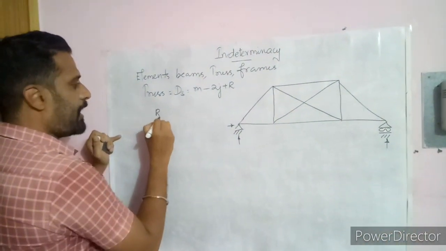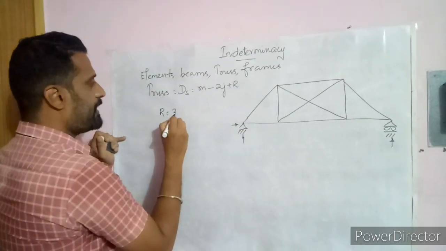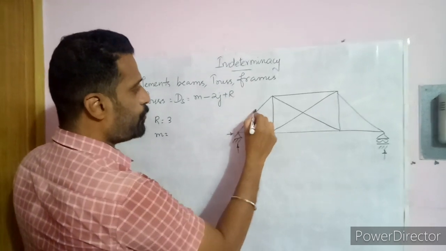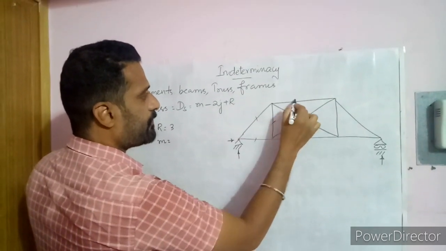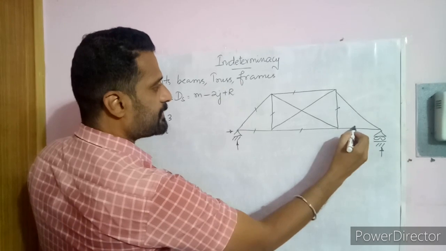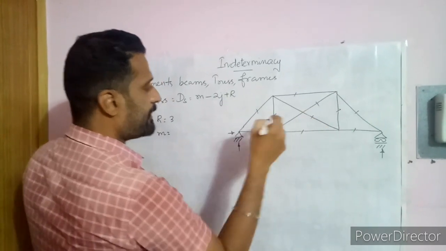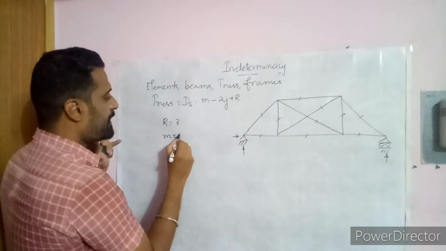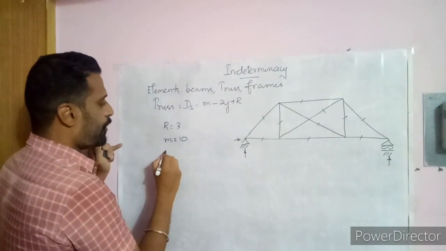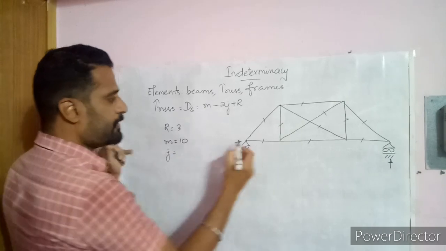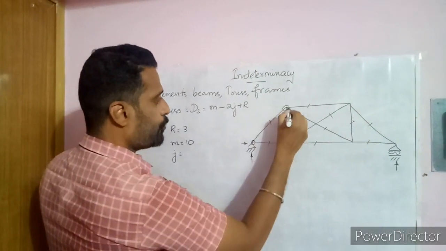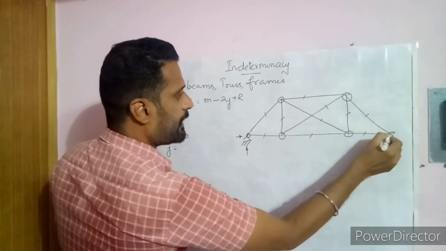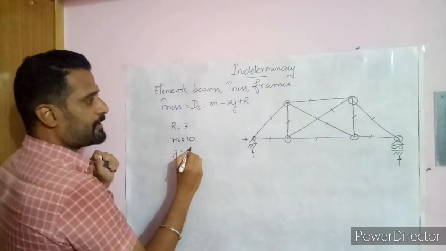So therefore reaction R is equal to 2 plus 1, which is 3, and we need to calculate what M is. So M is 1, 2, 3, 4, 5, 6, 7, 8, 9 and 10. So this is a single member, you should not break it as this is a single member. So the member count M is 10 and for joints J, you need to calculate joints, which is 1, 2, 3, 4, 5 and 6. So J is 6.